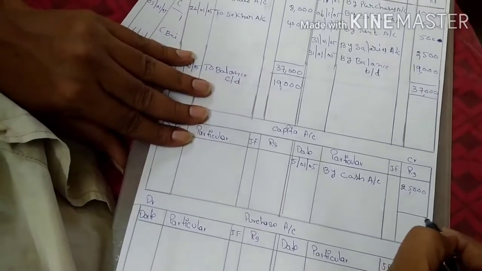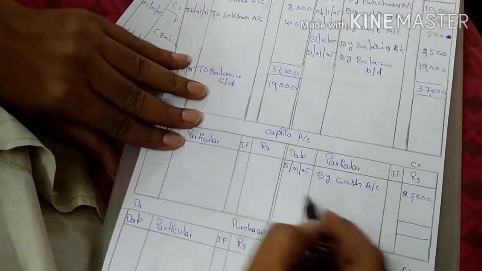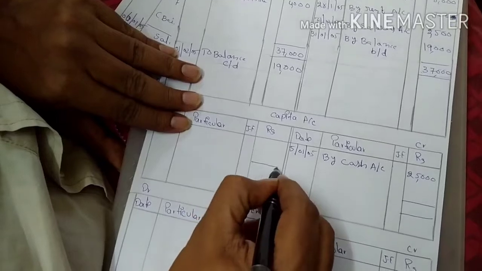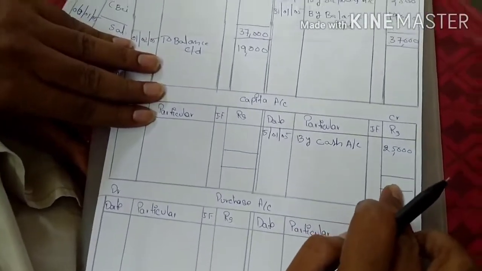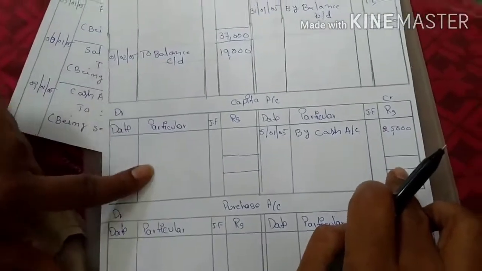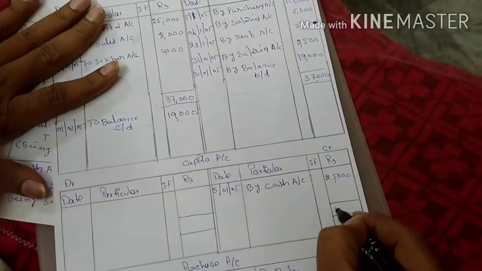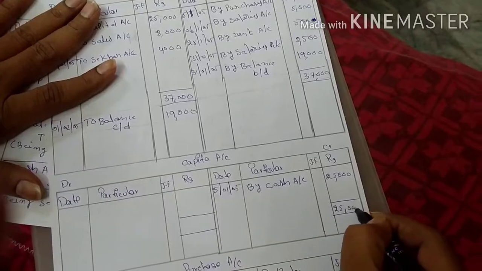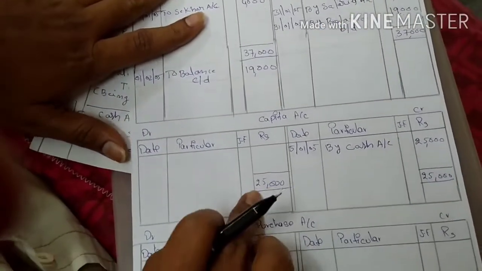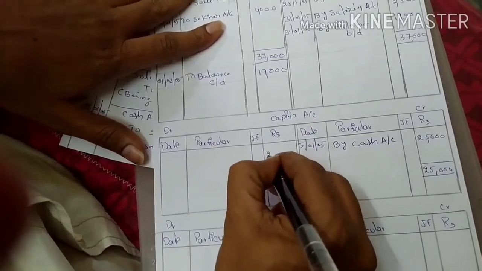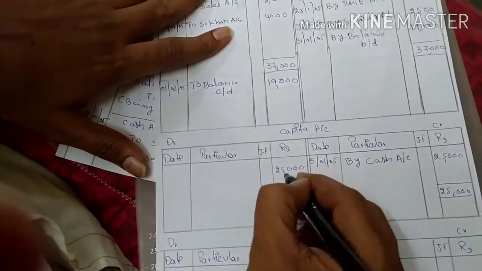Here also we need to take both sides' totals. Credit side 25,000 is there, debit side 0 is there. So that's why the highest total 25,000 needs to be posted here. Then 25,000 minus 0 is 25,000.